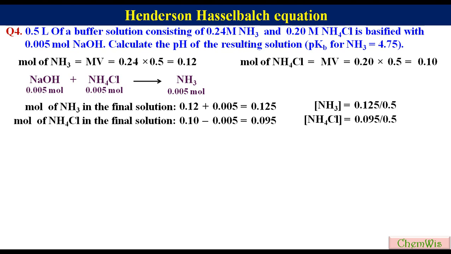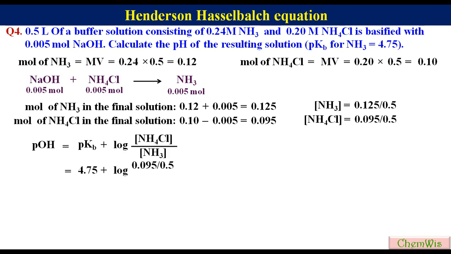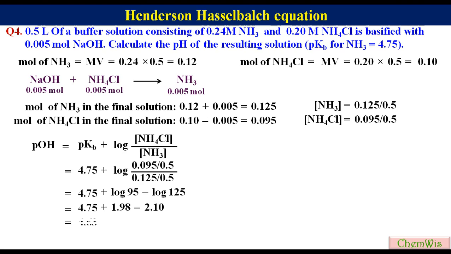From the Henderson equation, pOH is equal to pKb plus log concentration of ammonium chloride upon concentration of ammonia, is equal to 4.75 plus log 0.095 upon 0.5 divided by 0.125 upon 0.5, is equal to 4.75 plus log 95 minus log 125, is equal to 4.75 plus 1.98 minus 2.10, is equal to 4.63.